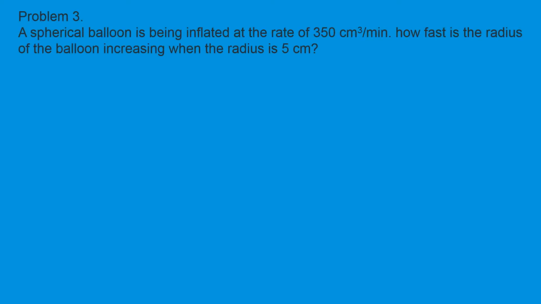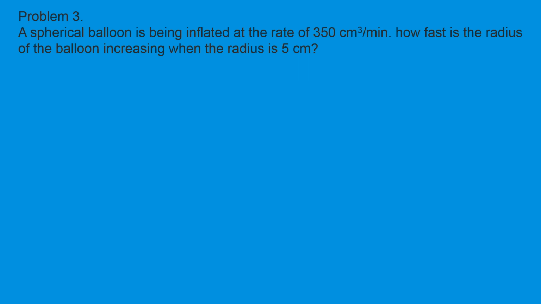Okay, let us have now problem number 3. So this one is another type of problem. A spherical balloon is being inflated at the rate of 350 cm cubic per minute. How fast is the radius of the balloon increasing when the radius is 5 cm? So, spherical balloon. Talking about this quantity, 350 cm cubic per minute is referring to its volume, no?